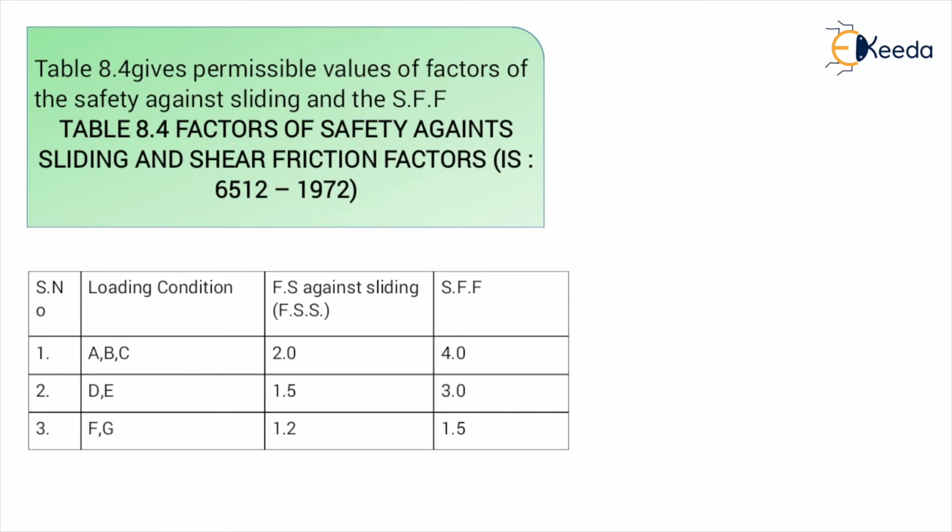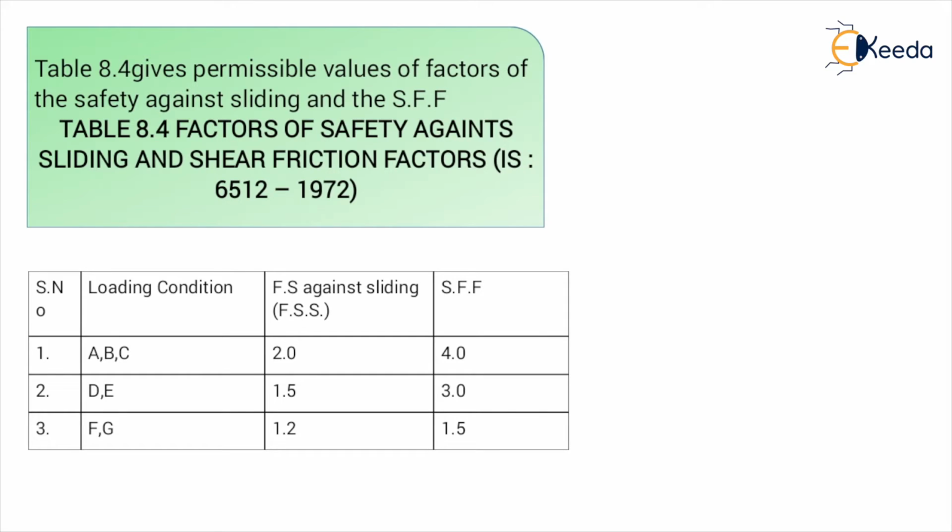Then if silt is carried with the flow, we have to consider the silt. And if the dam is constructed in a colder area, we have to consider ice pressure also. So this is loading condition B, the normal condition, with only these forces. Then condition C means the maximum flood condition.